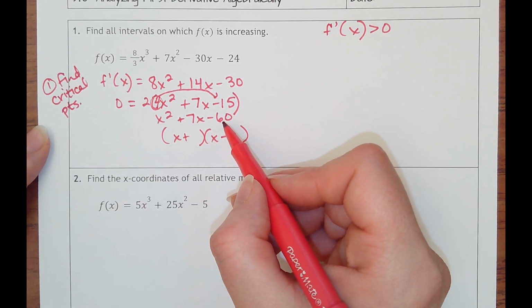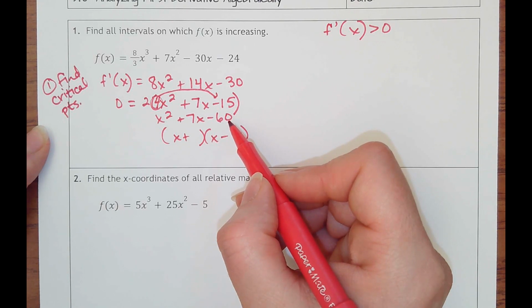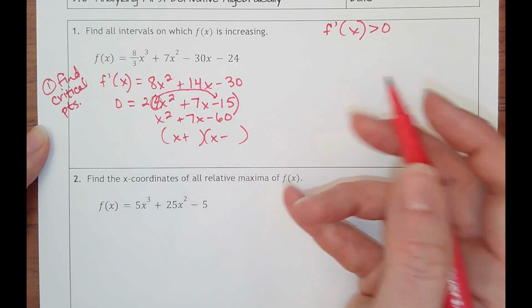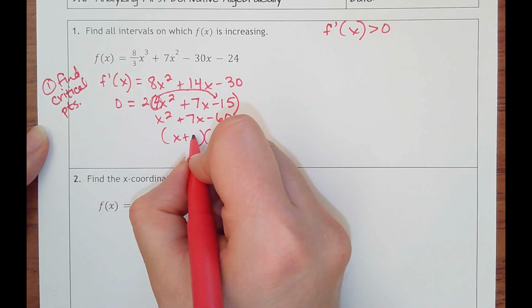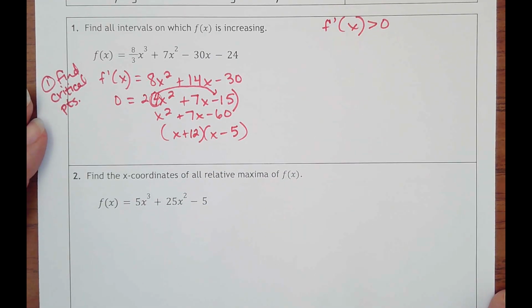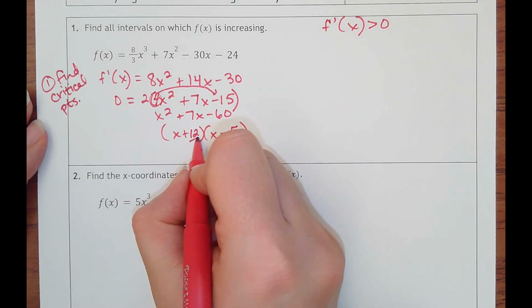Not 6 and 10. 15 and 4. Not 2 and 30. What am I missing? 5 and 12. So this would be 12 minus 5. There we go. Then go back and divide by 4.